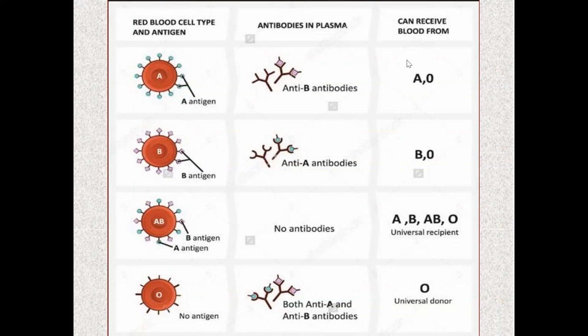Okay? So, i-analyze natin, class. Okay. So, dito, class, ang sabi, ang antigen niya sa RBC ay A. Ibig sabihin, ang antibody niya sa kanyang plasma ay anti-B.